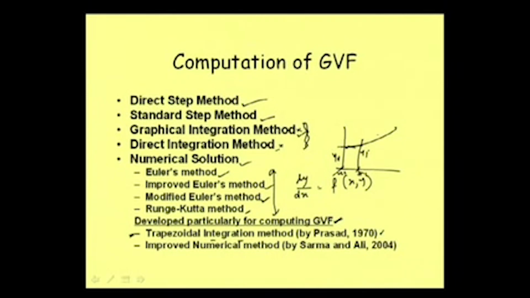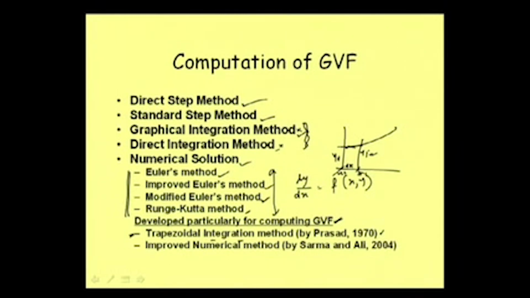In a numerical method, we calculate this value for a small value of delta x, and if we keep delta x very small, then almost all these numerical methods I have stated here will give accurate results.